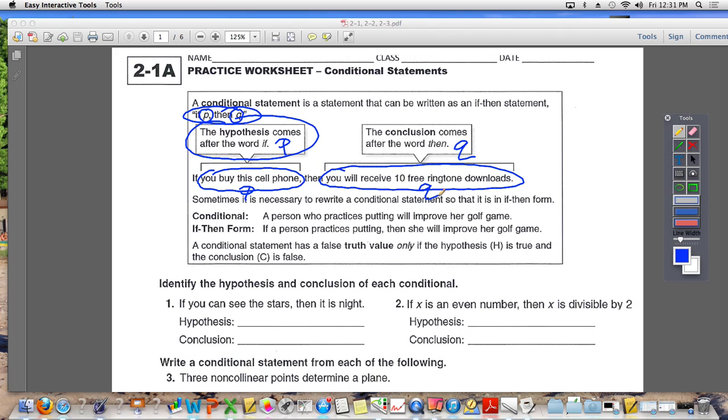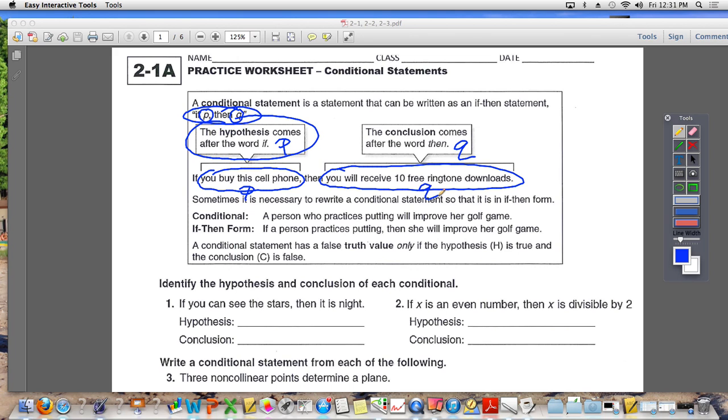Sometimes it's necessary to rewrite a conditional statement so that it is in if-then form. Oftentimes you will read a conditional statement that might not have an if, the hypothesis, then the conclusion. It will just be a statement not using the words if and then, and your job is going to be to rewrite it so that it does have an if and a then.